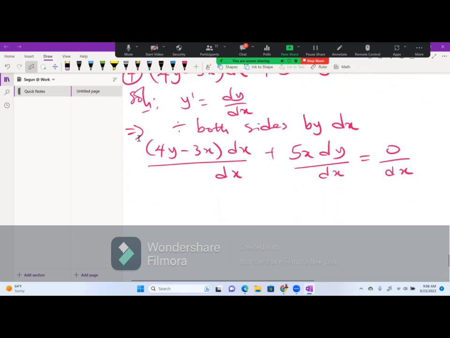The next thing we need to do is just to solve: the dx cancels the dx. So I have 4y minus 3x plus 5x dy over dx equals 0.